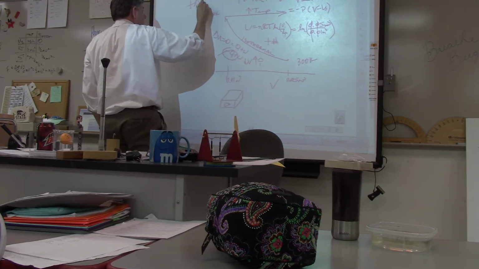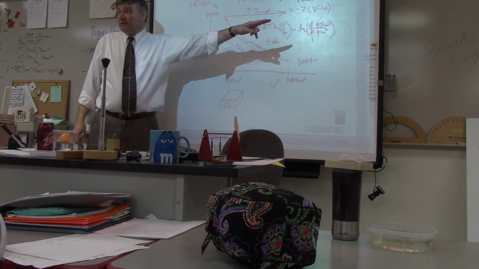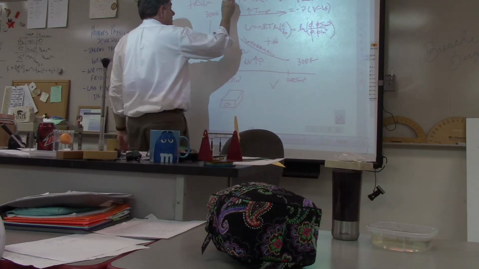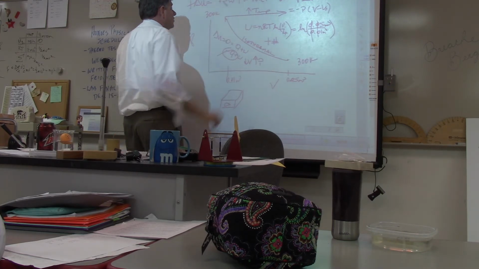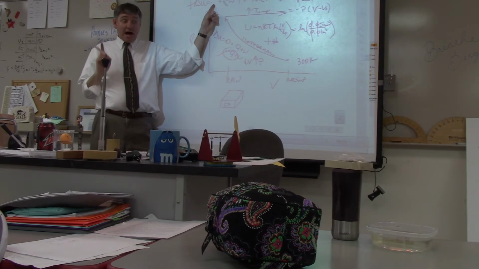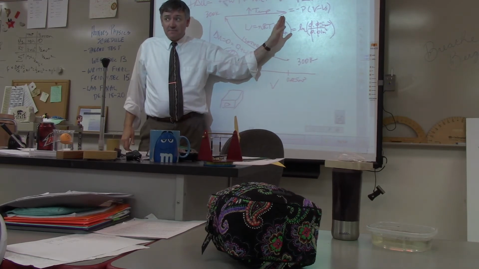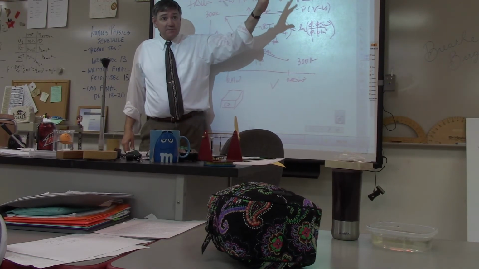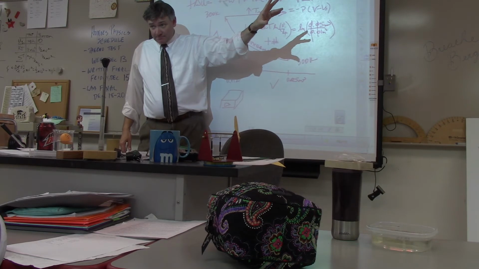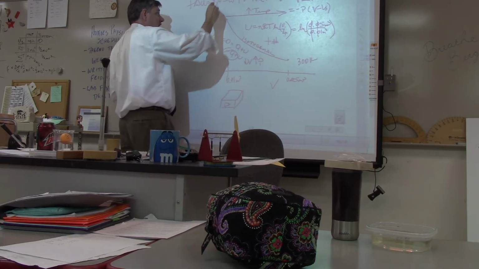I got a positive delta U, but I've got negative work. So, my Q has to be positive and bigger. So I've got to dump more energy into the system than what it costs me in work. Okay? So, I've got to have a big positive Q.